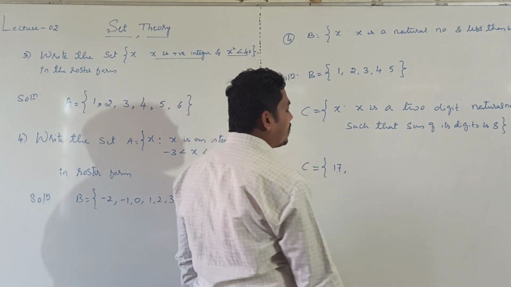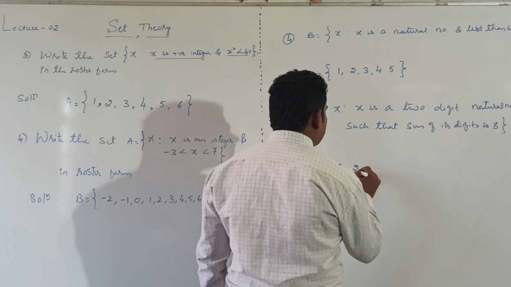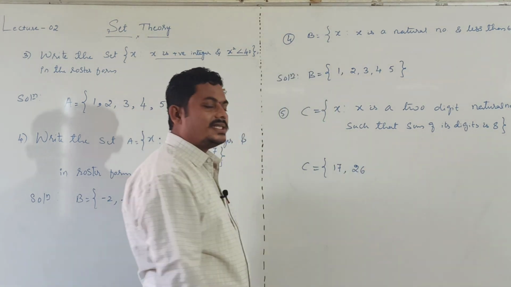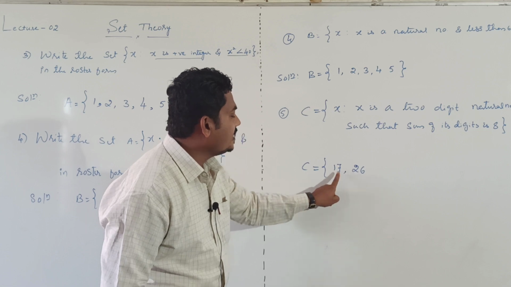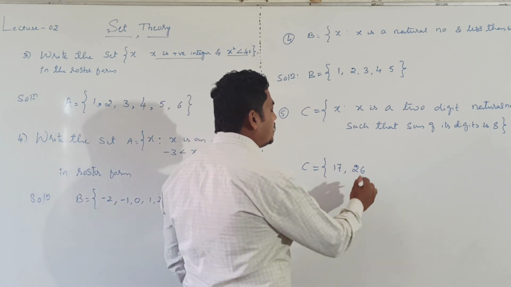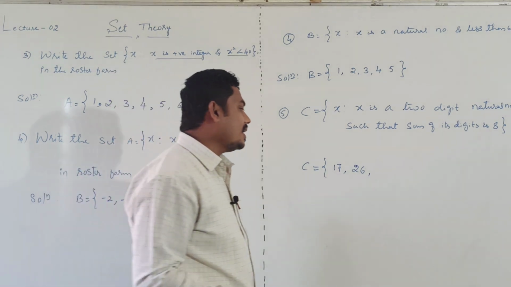It is possible. Next, 26, clearly a 2-digit natural number and 2 plus 6 is 8, 1 plus 7 is 8. Next, 27, 28, 29, all are not possible.